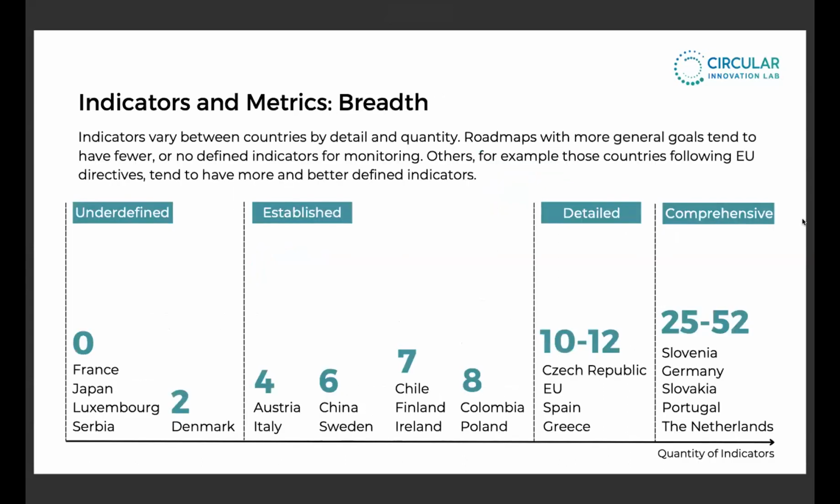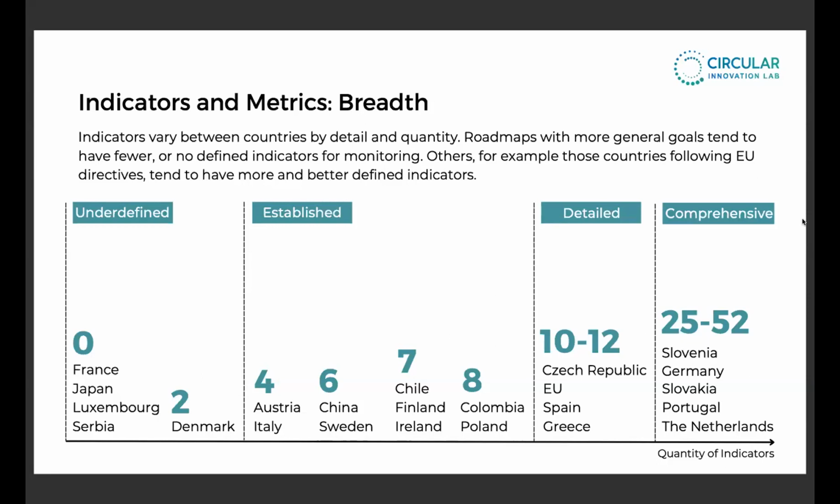So that's why we can see, from the left side, there are some countries that have actually zero metrics defined in their circular economy roadmaps, and there are other countries such as Slovenia, Germany, Slovakia, Portugal, and the Netherlands that have around 25 to 52 metrics in each of their circular economy roadmaps.